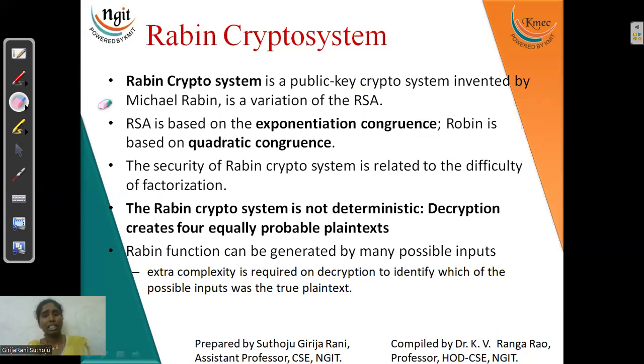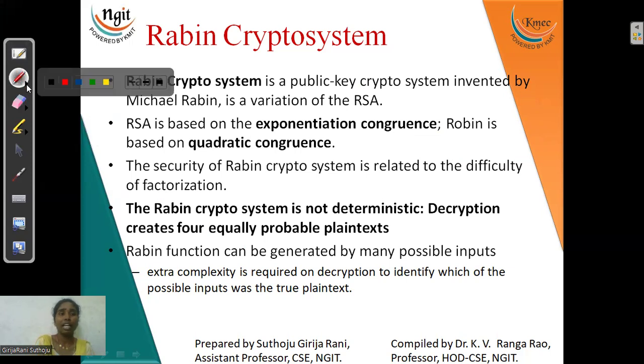Okay, in the case of the Rabin crypto system, it is not deterministic with the result. Not deterministic means we cannot understand what may be the exact result of the decryption procedure. I mean, we cannot decide what may be the exact plain text. See, one input will be giving 4 outputs.